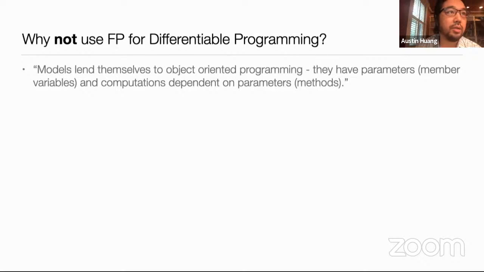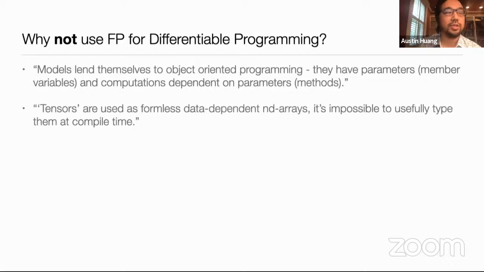One thing is that models maybe lend themselves more to object-oriented programming. They have parameters that you have to fit, and they have computations that are dependent on those parameters. So maybe that fits into having member variables as your parameters, and methods as your computation. Second, these mathematical operations are all ND array input, ND array output, tensor data.